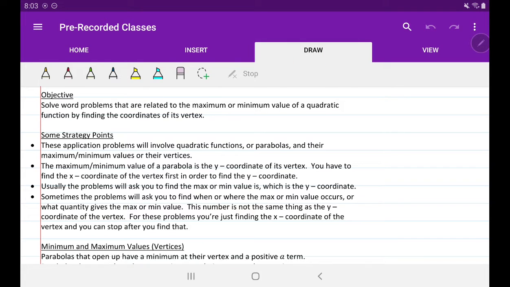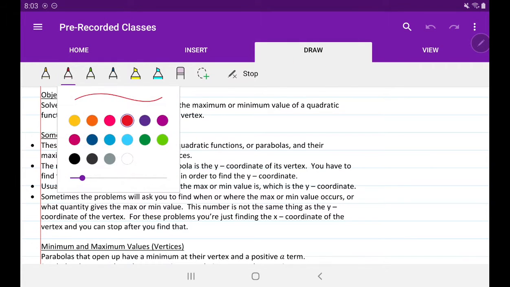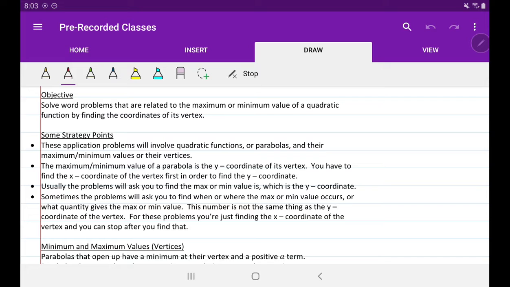So a few strategies or some things to go over when we're doing these. These application problems involve quadratic functions, which you know when you graph them are parabolas, and so what we're really finding are the max and min values, or the vertices. There are two parts to every vertex of a parabola, the x-coordinate and the y-coordinate.